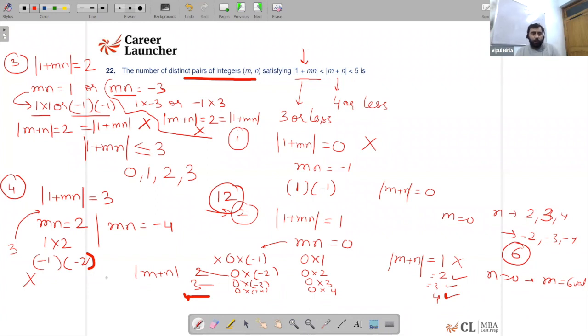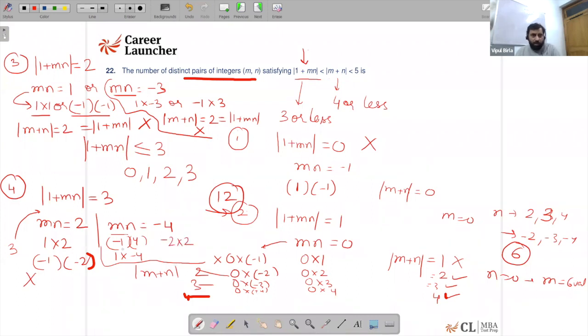Now, this last case, if m into n is equal to minus 4, now the possible values are minus 1 into 4, or 1 into minus 4, or minus 2 into 2 in any order.